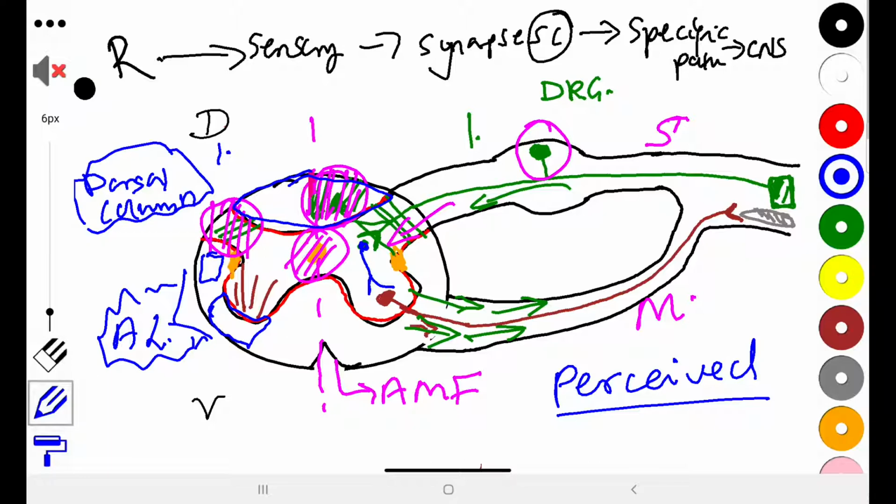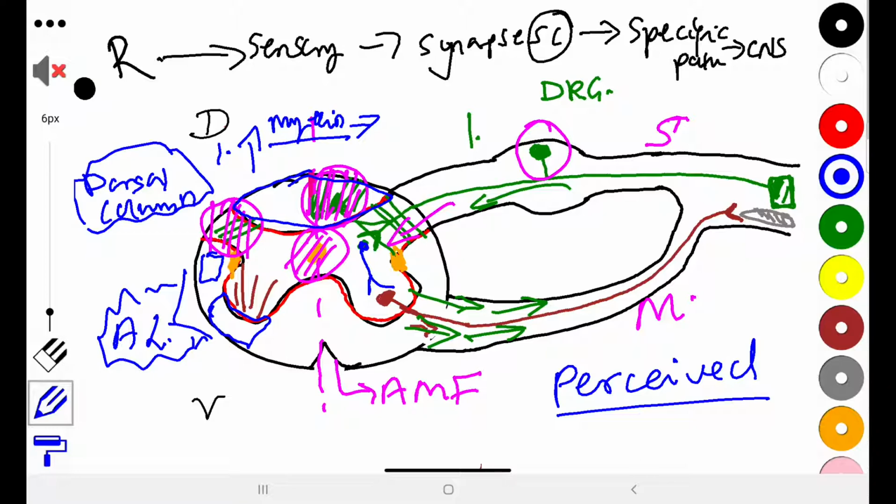Just to give you an introduction, the dorsal column expresses sensation with very high myelination. If there's high myelination, my physiology students would know that we are looking at very fast speed and therefore very precise sensations.